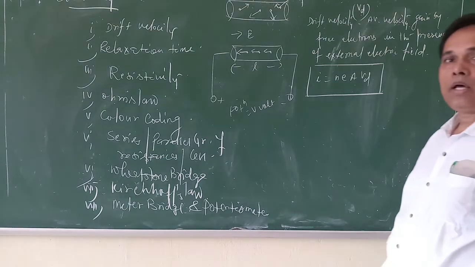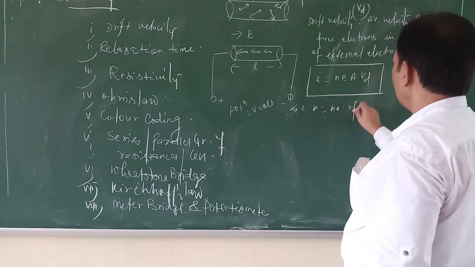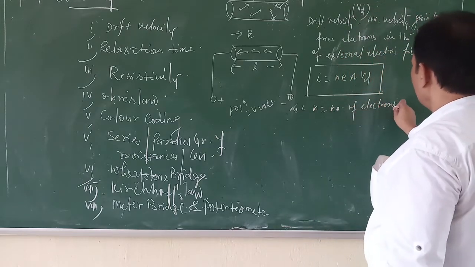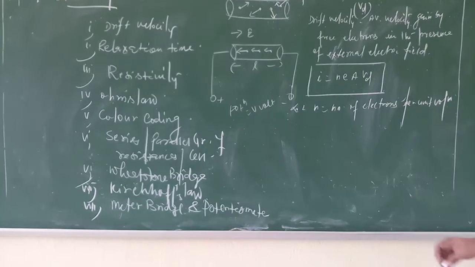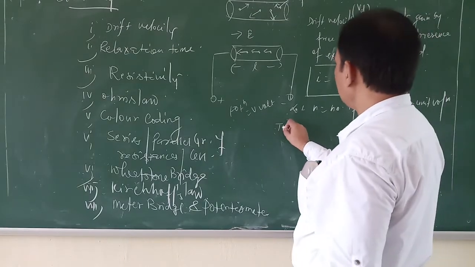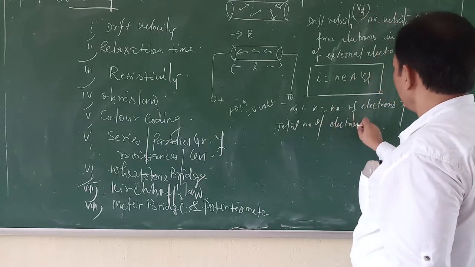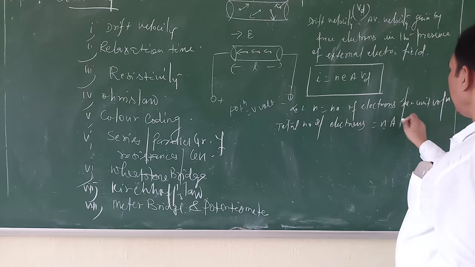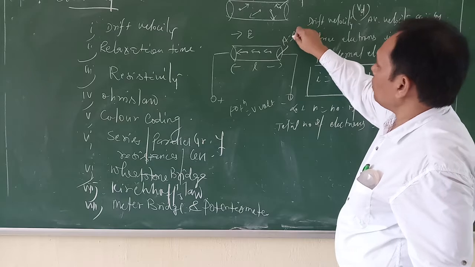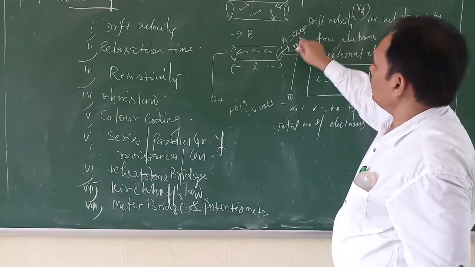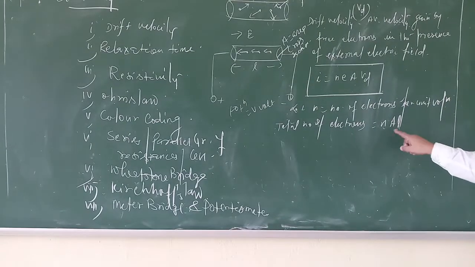To derive this formula, let n be the number of electrons per unit volume. So the total number of electrons is equal to nAL, where A is the area of cross section and L is the length, so the total volume is AL.